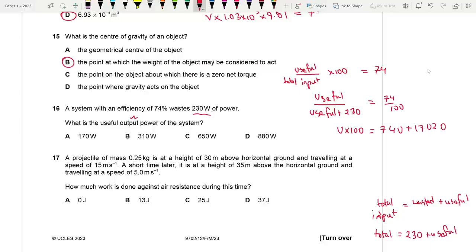So 100 minus 74, 26u, is equal to 17020. So 17020 divided by 26 gives you 654.6 watts. So which is the closest answer, guys? 16 is C. That's good. Let's move on to the next one.